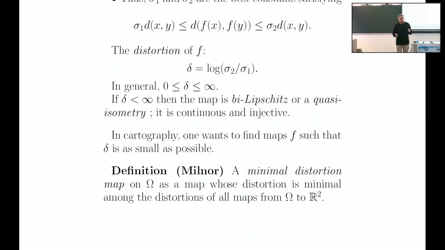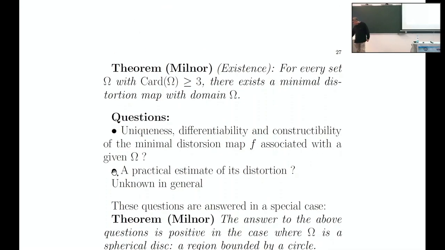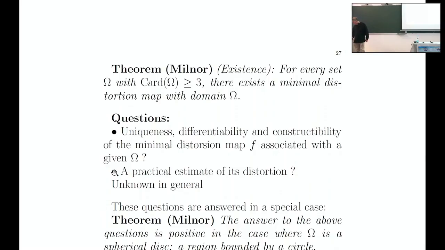I want to build a map where this bi-Lipschitz distortion is minimal. So he proves then this theorem.